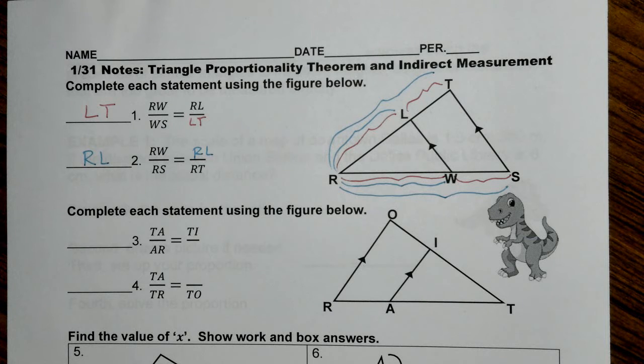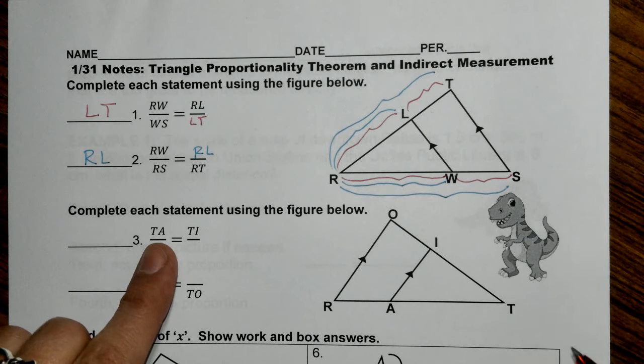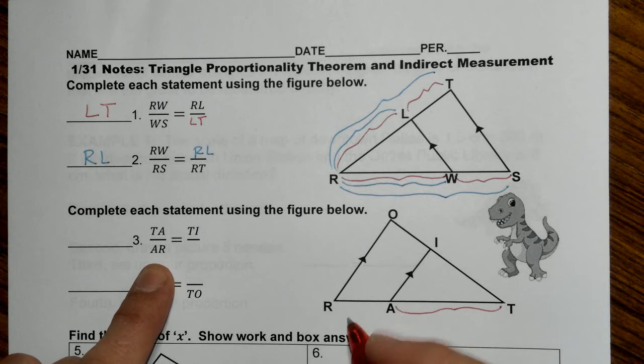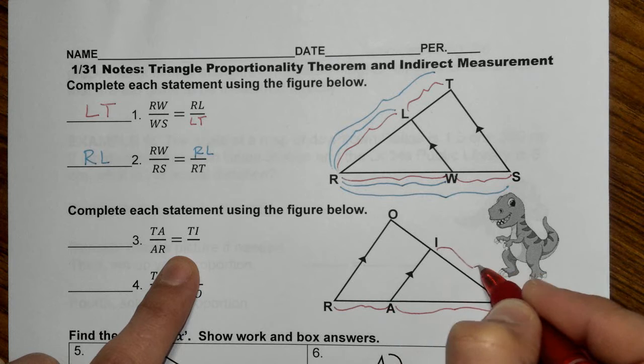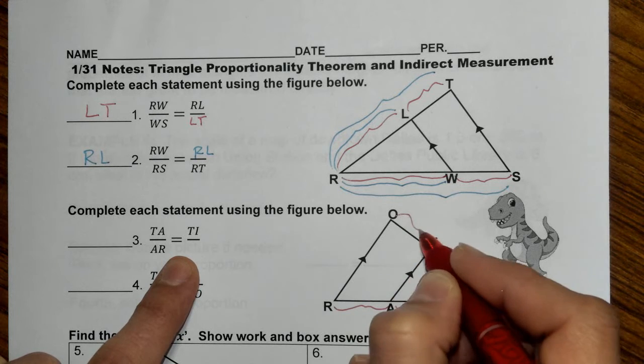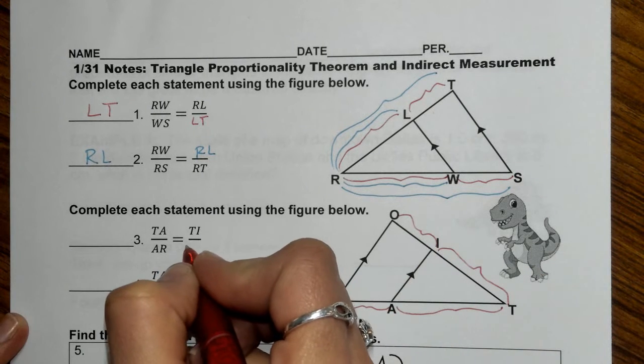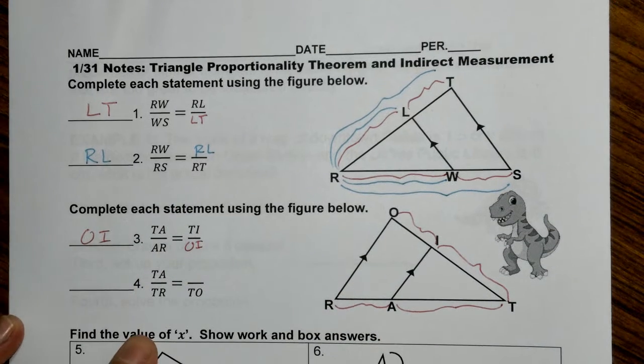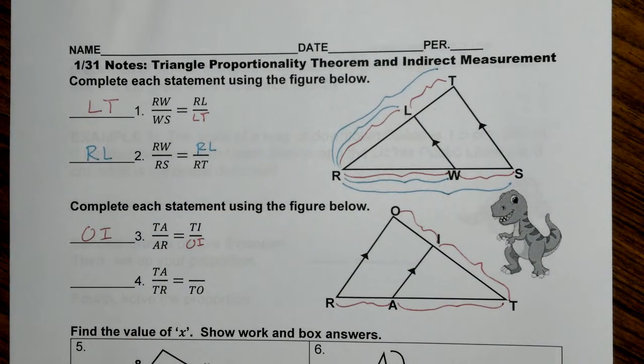We'll do the exact same thing down here, looking at T to A, so this area right here, is going to be to R to A, as TI will be to OI. And then same thing with the part versus the whole.